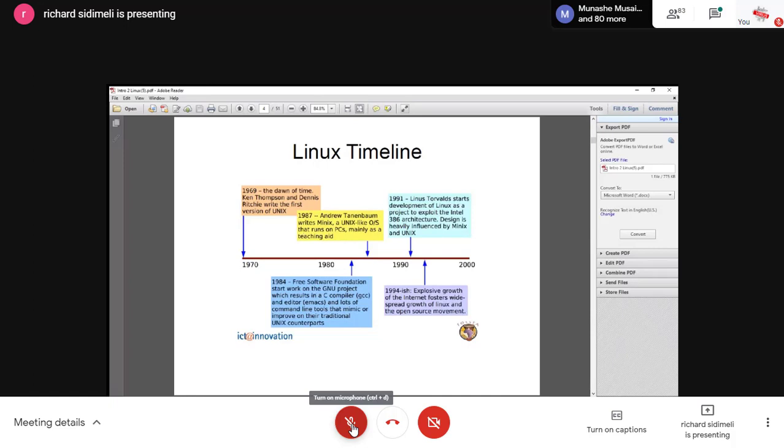And then when you came to 1984, we had the Free Software Foundation, which started GNU, the General Public License project, back in 1984. Then this young man, Linus Torvalds, was supposed to do a small project back in 1991.